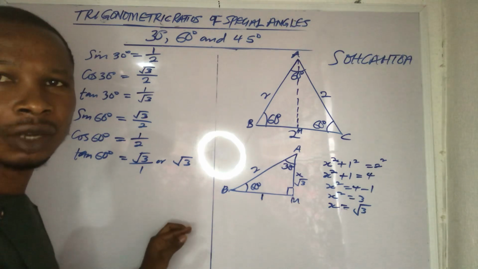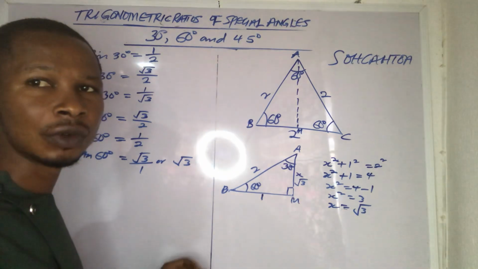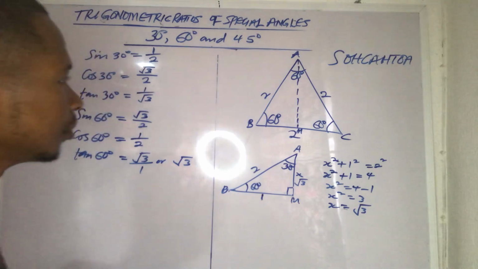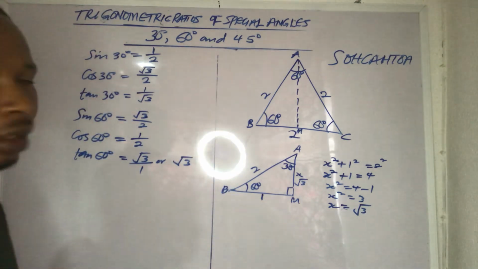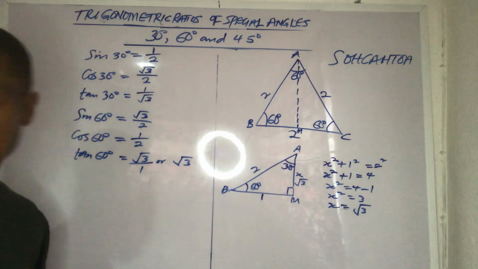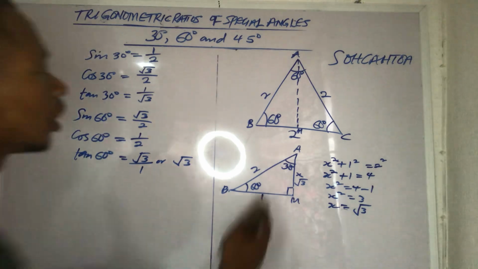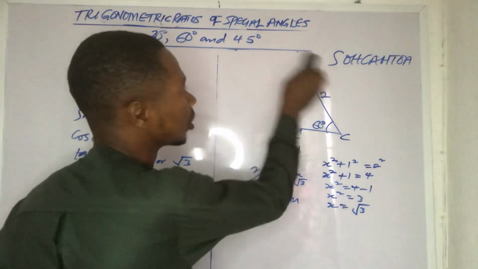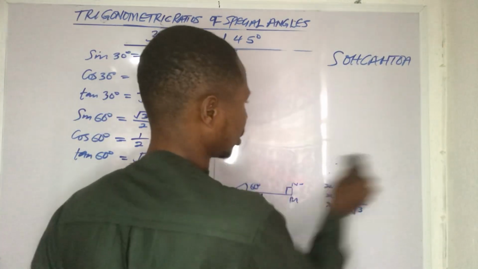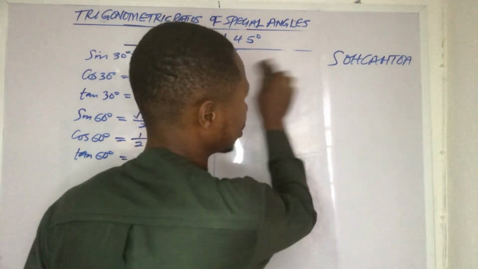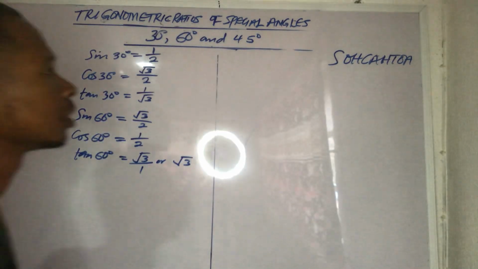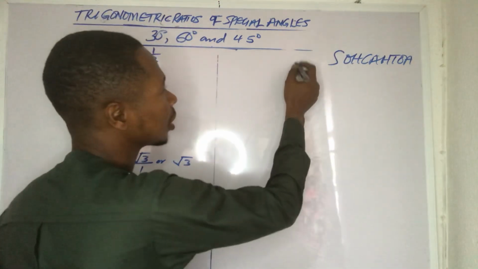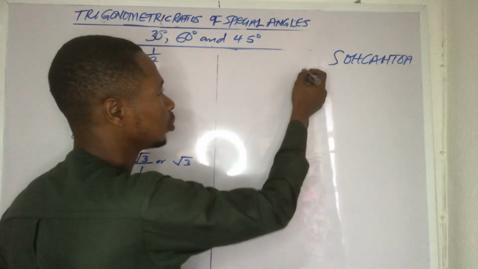Now let's look at how they arrive at special angle 45 degrees. Now consider a right angle triangle that is shown below.